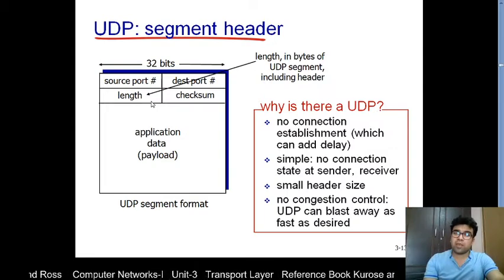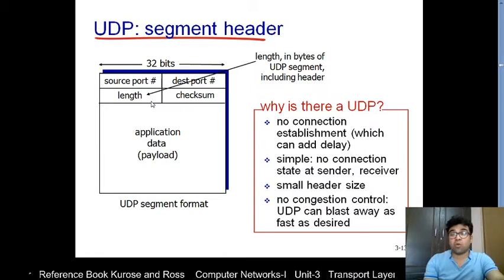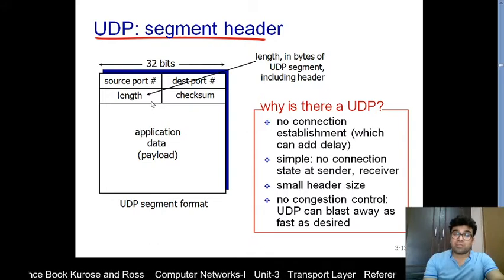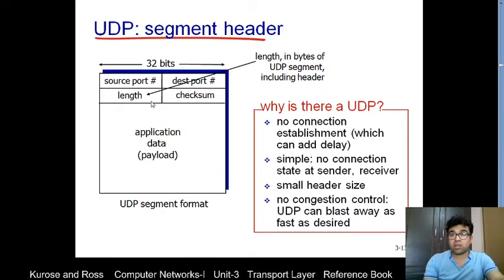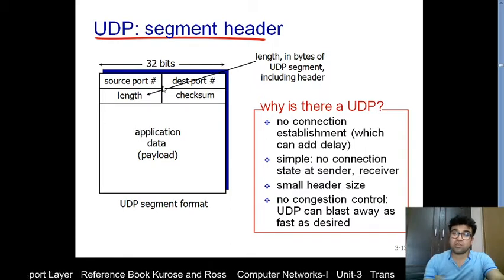So the main thing required by DNS is fast communication, and it is also suitable for those applications in which the message should be small enough to come in a single UDP segment, because there's no provision of reassembling your data at the destination properly or in a sequential way.